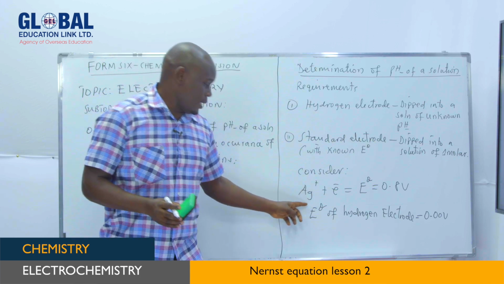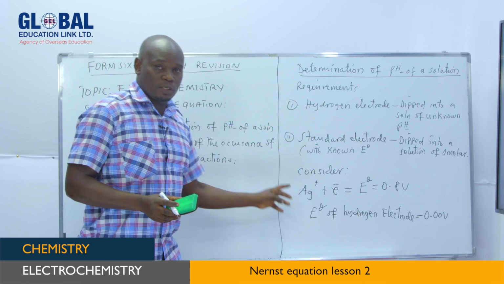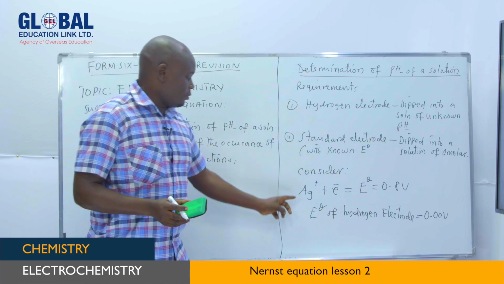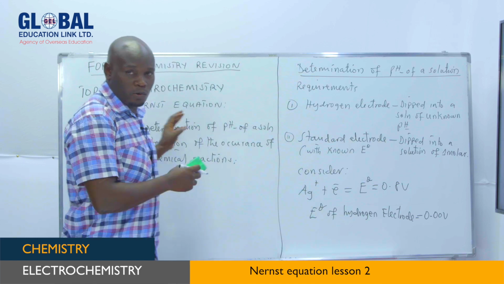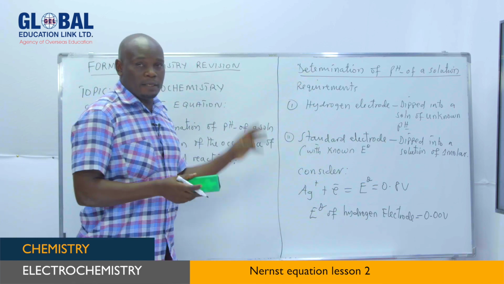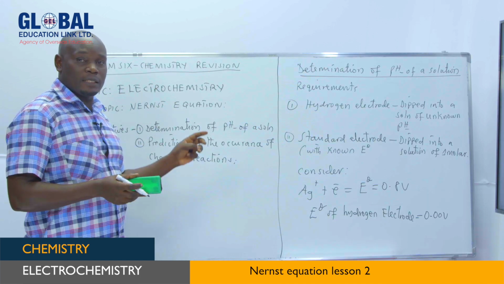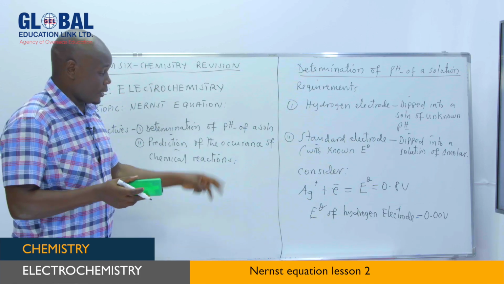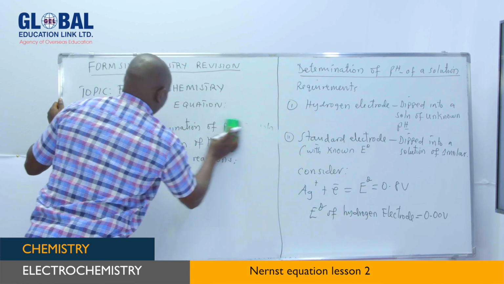Here it can be any other electrode apart from silver. It will depend on the standard electrode that you have been given. So here we have our electrode of silver and that of hydrogen. Let us go now to construct our cell. And remember, we also discussed how to construct a cell, so this is a revision.